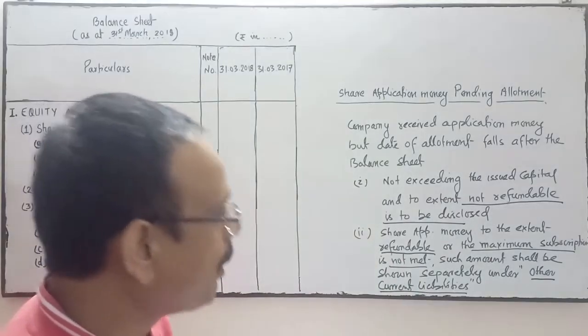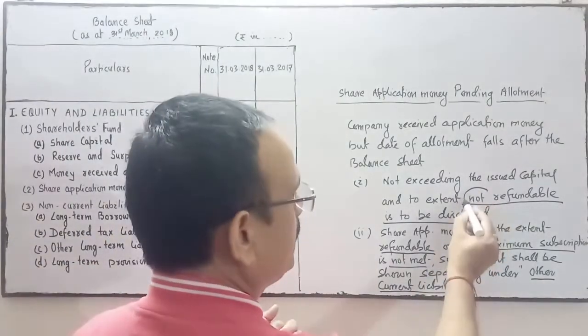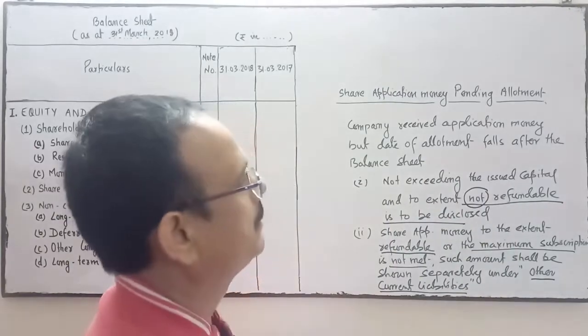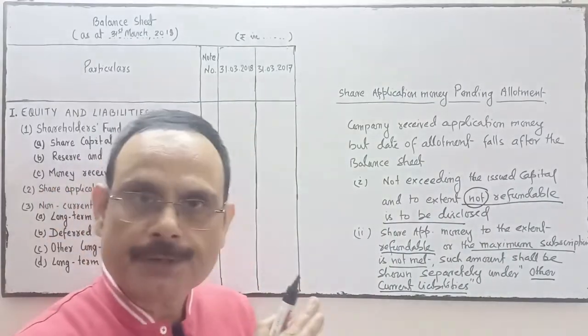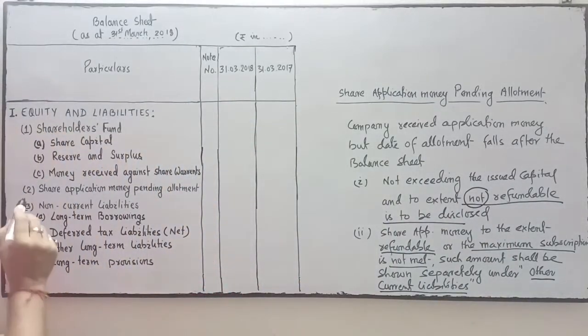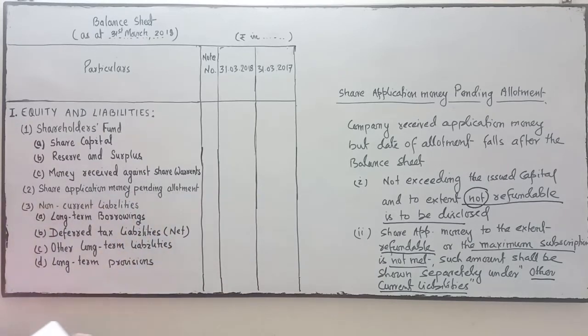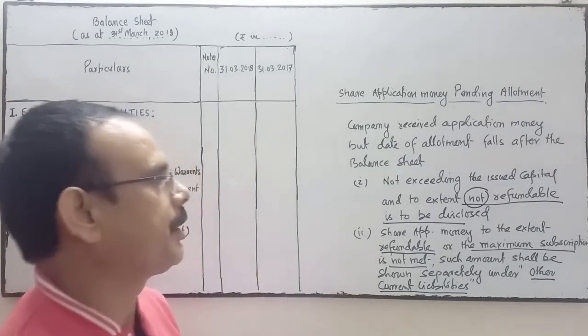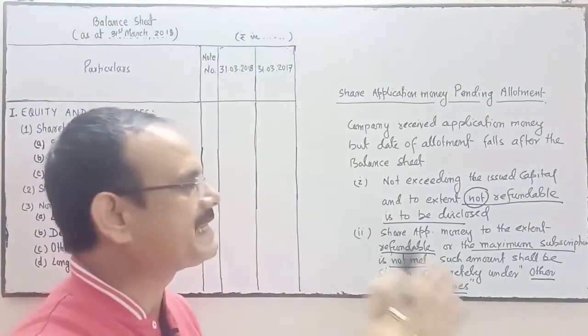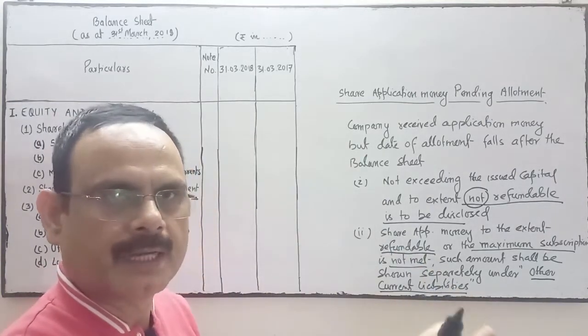And if it is not refundable, then this will be shown here, share application money pending allotment. So, share application money pending allotment not exceeding the issued capital, number one.